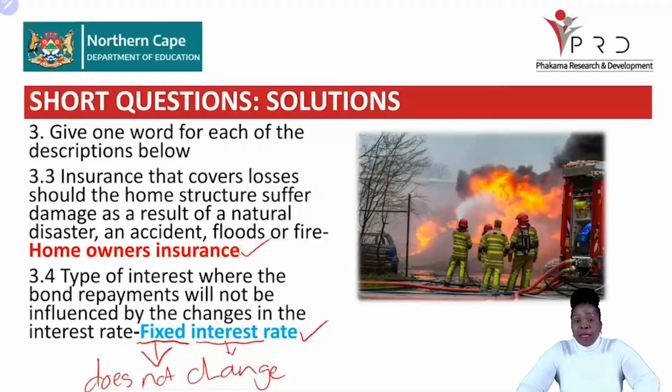Once you borrow money from the bank or from any other institution that gives out loans, then you are likely to be charged interest. So you decide which type of interest you want to pay, right?